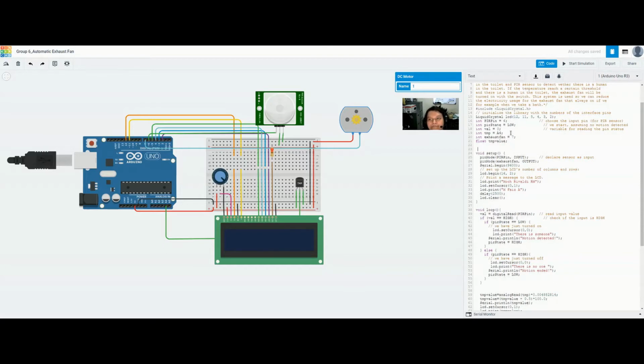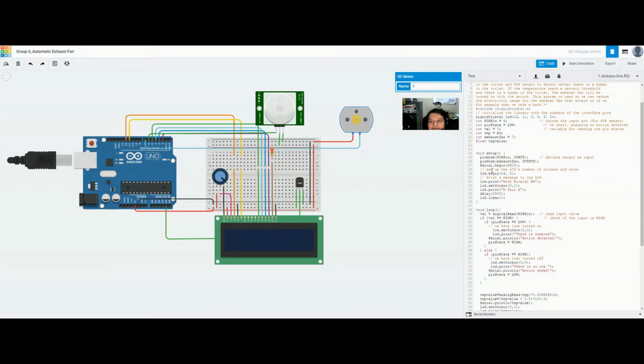As we can see, the PIR is connected to digital pin 6, the temperature sensor is connected to the A4 analog pin, and the actuator, the DC motor, is connected to digital pin number 7.